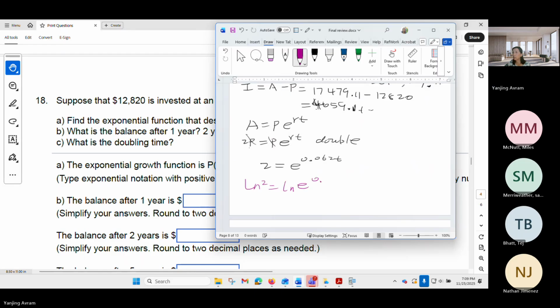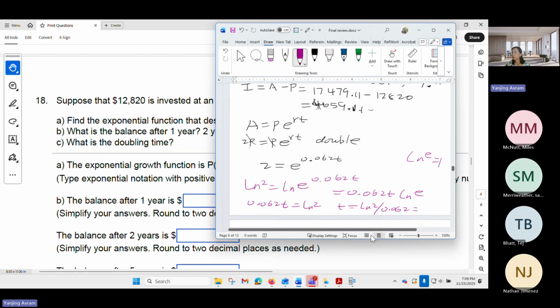The exponent 0.062t becomes the coefficient, and ln of e is equal to 1. So we have 0.062t equal to ln 2. How much is t? t will be ln 2 divided by 0.062.